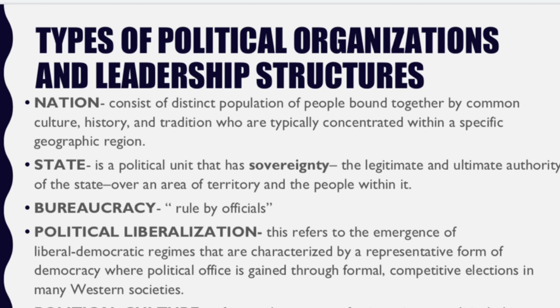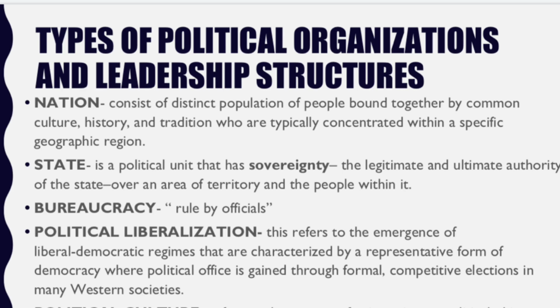Again, sovereignty is the legitimate and ultimate authority of the state over an area of territory and the people within it. And another, a basic requirement for a nation is to have a strong bond of emotional unity among its people. So let's have this example.